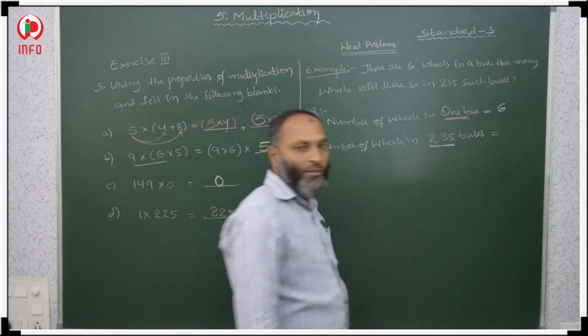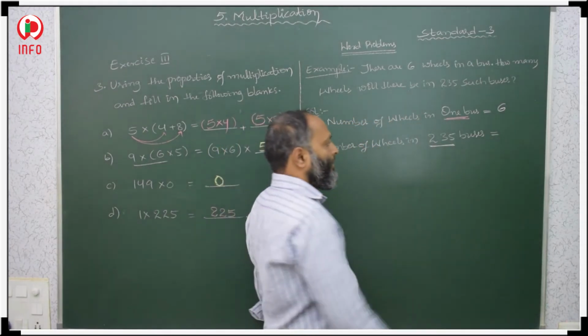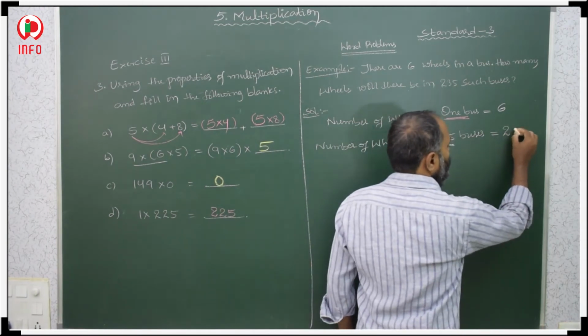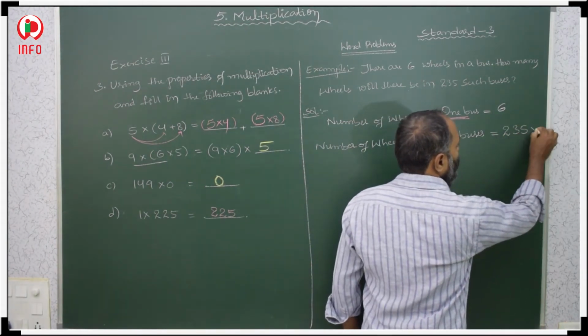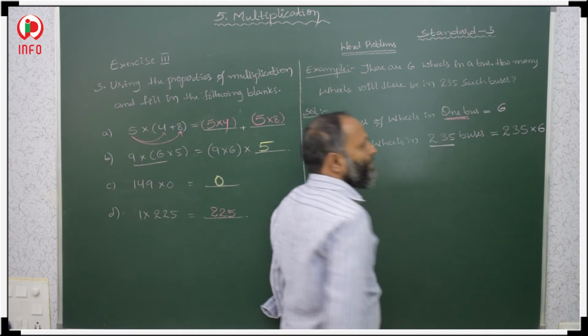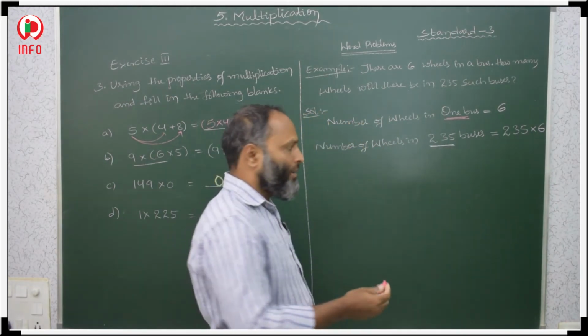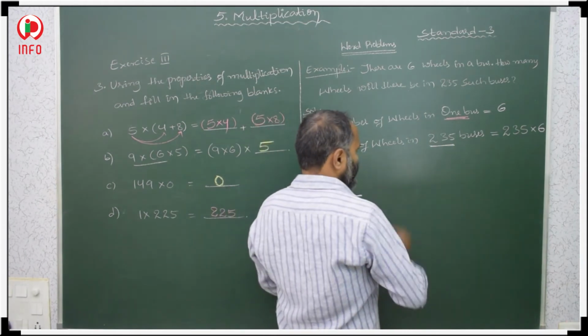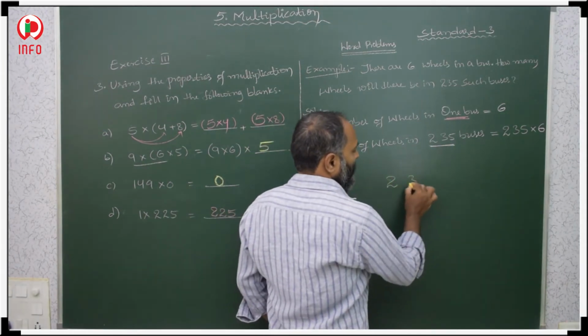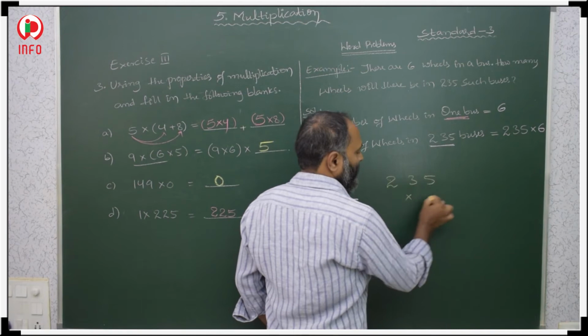So it means we have to multiply 235 multiplied by 6. Now a 3-digit number with a single digit number. Then multiply 235 multiplied with 6.